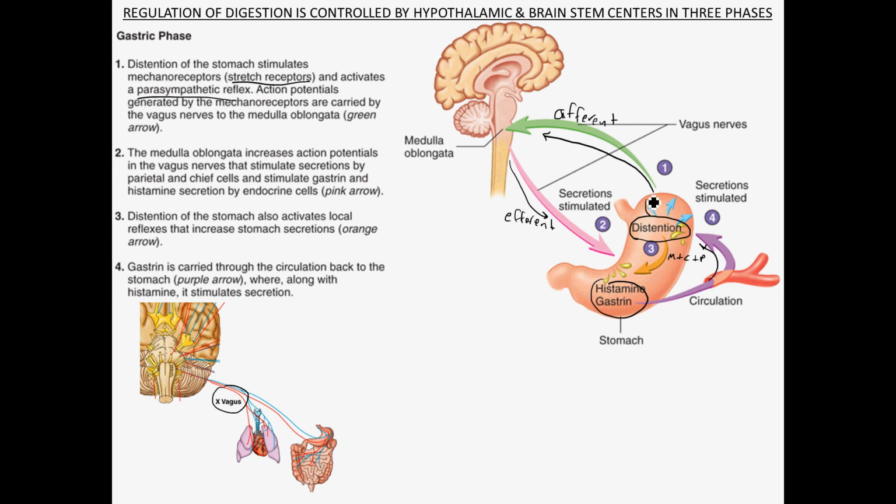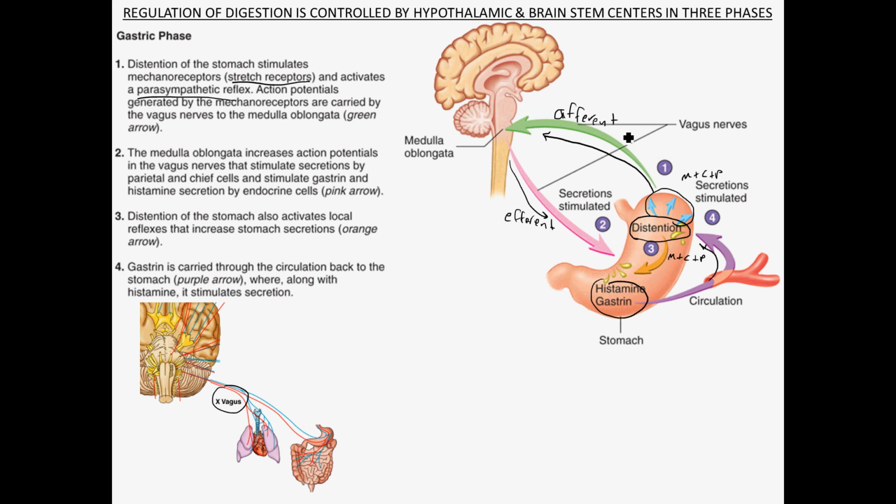But this distension, these mechanoreceptors, these stretch receptors, also cause the mucus and chief and parietal cells to release their secretions into the stomach. And so this makes sense, right? As food comes in, you want to be chemically digesting it. So all these actions make sense there.